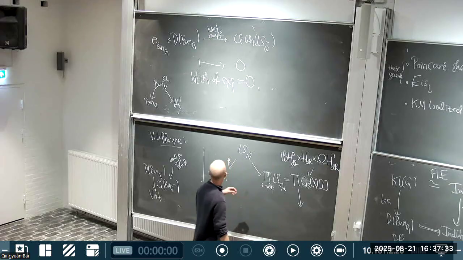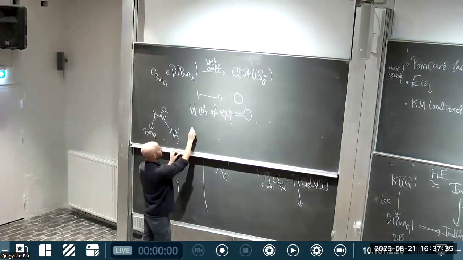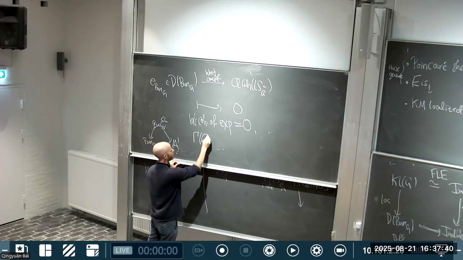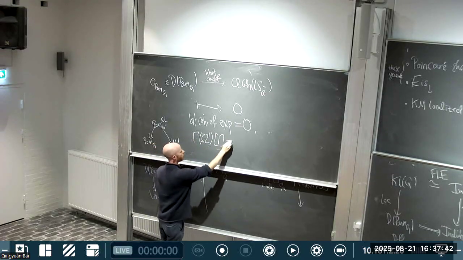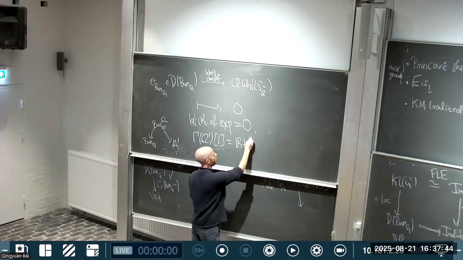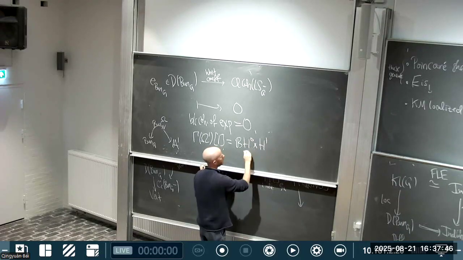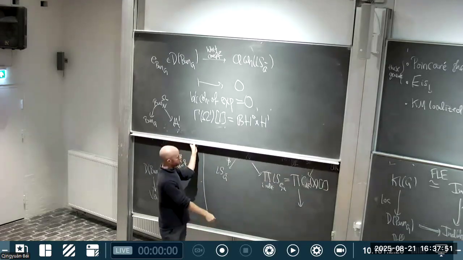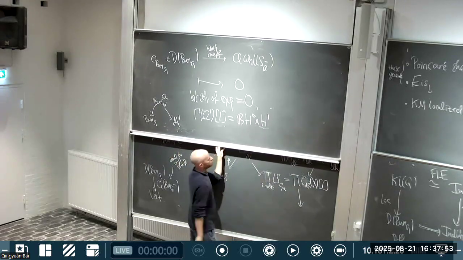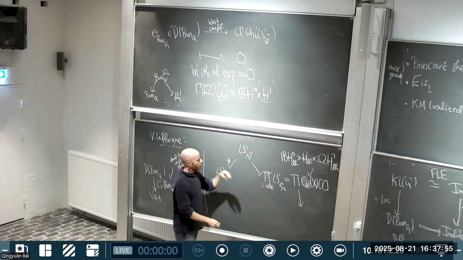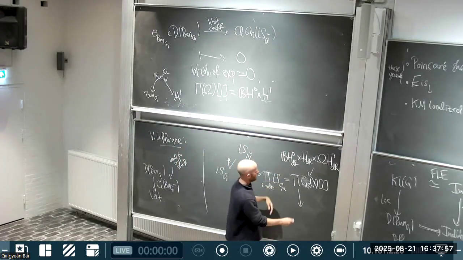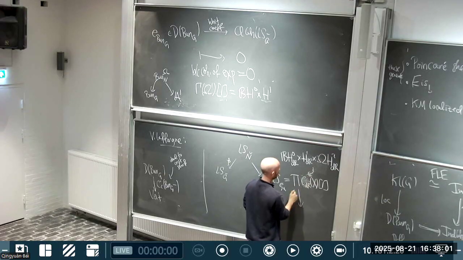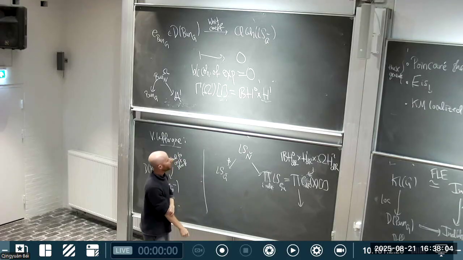Before, when I dealt with this situation, I was seeing some version of global sections of omega^1 with a shift. This was the stack which was like B H0 of omega^1 times H1 of omega^1, and then I projected onto this one-dimensional factor. Here I'm going to do the same kind of thing. Yes, that means coherent cohomology.